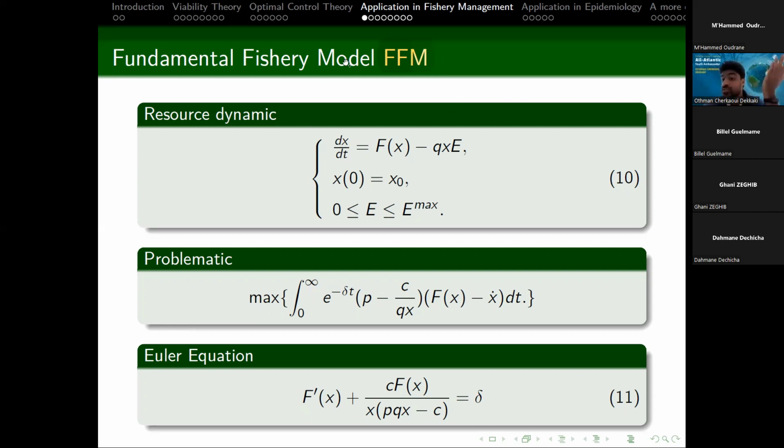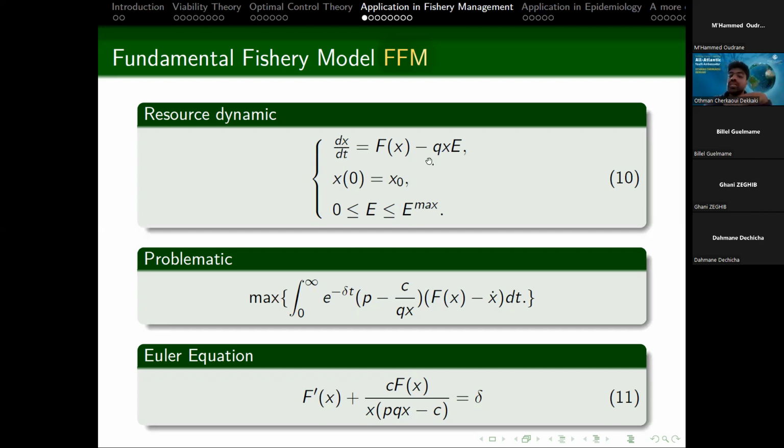Let's say x is the stock of a fish, like sardines or some kind of fish you love. F signifies the growth function of this stock. Either it's an increasing growth function, a decreasing growth function, or a constant growth function. You choose whatever you want. It's your model, to be honest.